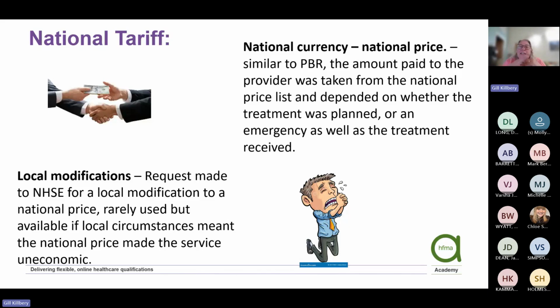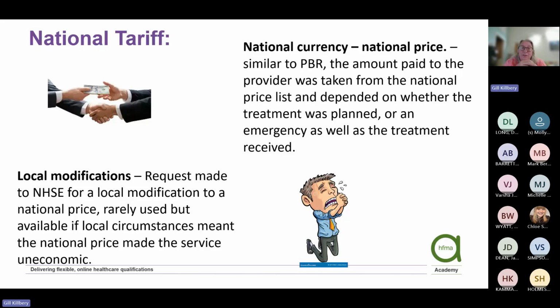So the national tariff has a couple of options. You've got a national currency, and for a lot of things, it's got a national price. It's similar to PBR in the way it works, but it's not for everything. The amount paid to the provider is taken from the national price lists and depends on the treatment that's planned, whether it's an emergency, as well as the treatment that's received.